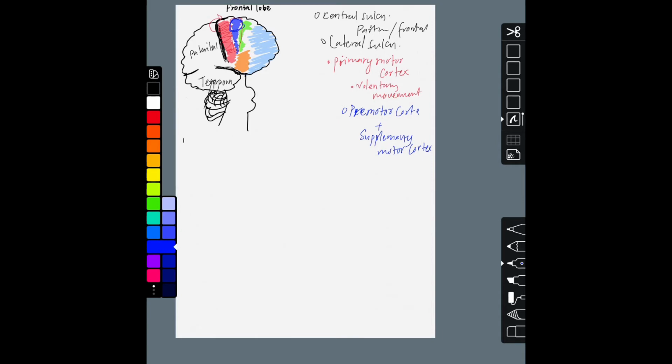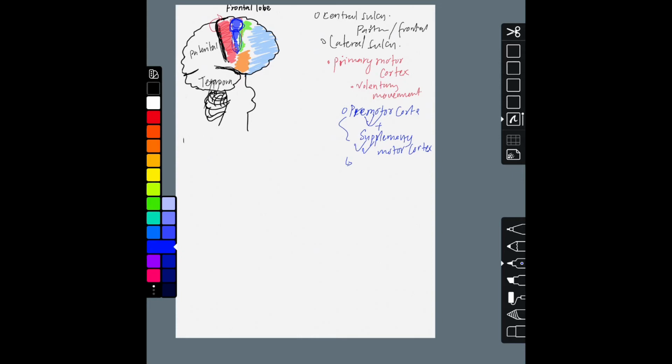Basically it is divided into two sides. The upper part is the supplementary, and the lower part is the premotor cortex. These two are mainly involved in movement.